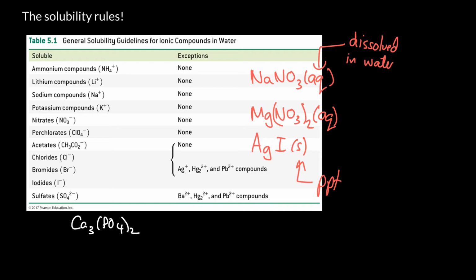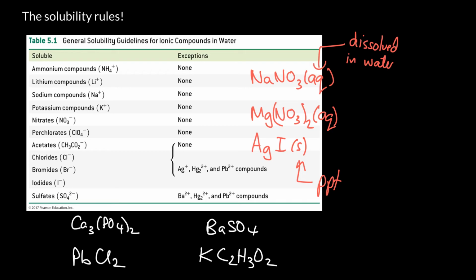How about something like lead 2 chloride? Something like barium sulfate? And maybe something like potassium acetate. So there are 4 ionic compounds. Pause the video, use the solubility rule chart, and decide whether each one of these would dissolve or not.